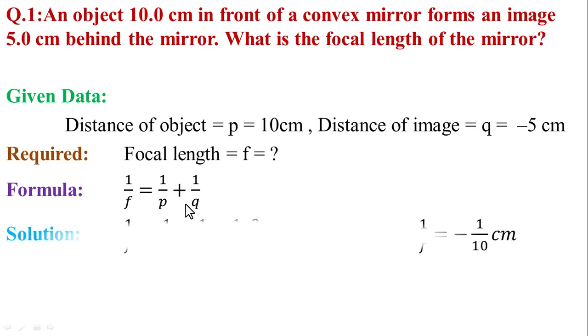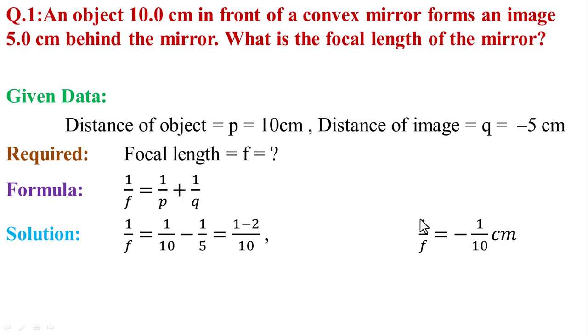Now in the solution, putting the values, 1 over f is equal to 1 over 10 minus 1 over 5. Now taking the LCM, that is 10, so 1 minus 2, that is equal to minus 1.